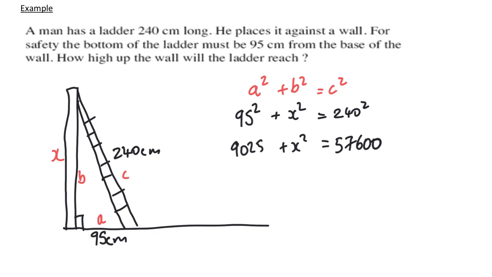Looking at the left hand side, we've got 9,025 plus x squared, so we can't do that. So to get x squared on its own, we need to get rid of the 9,025, so we need to subtract that from both sides.